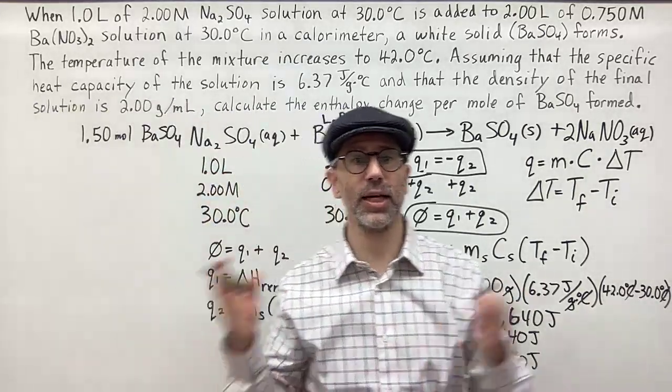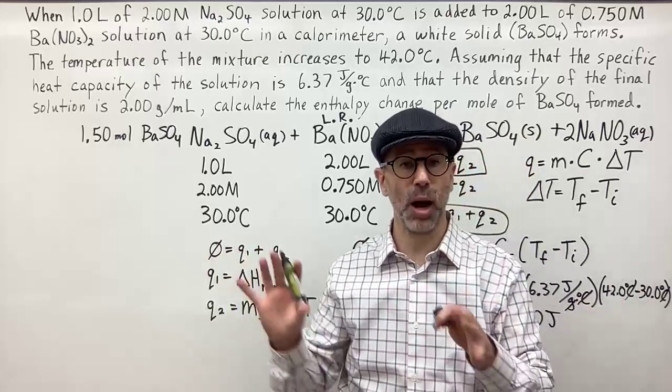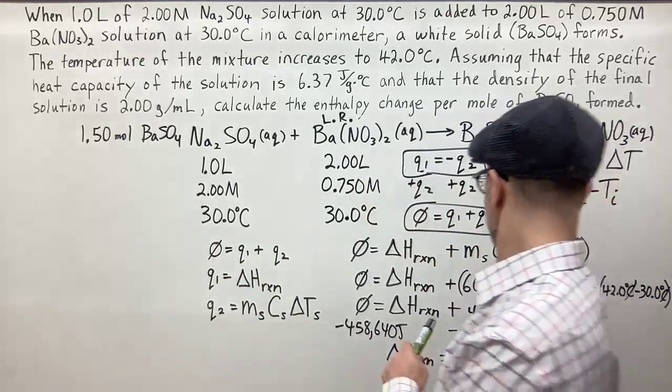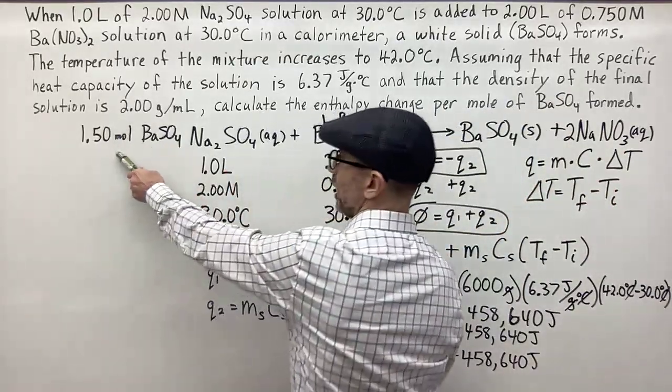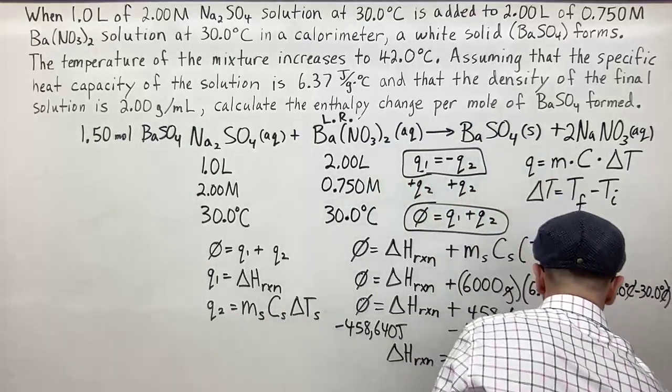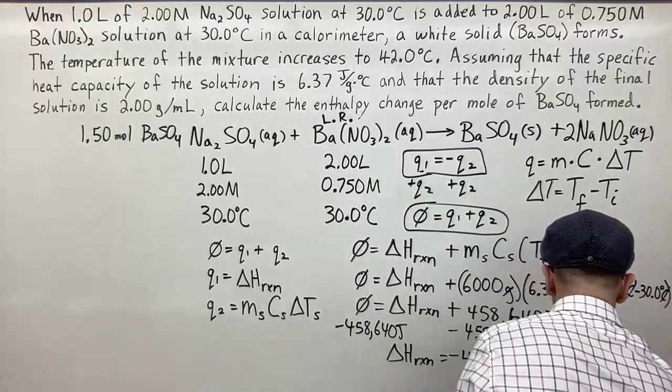That's what we calculated earlier when we did the limiting reagent problem. So now all we need to do is take this amount here divided by 1.5 moles, then we get our answer.